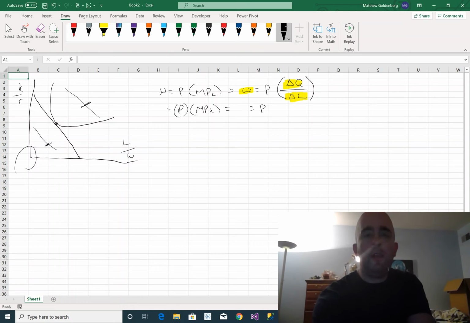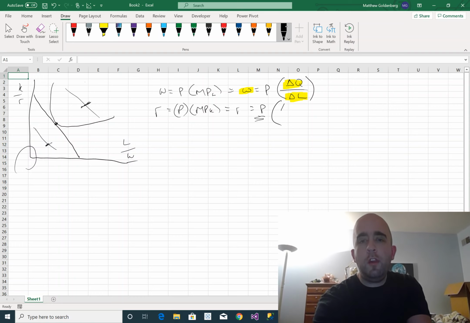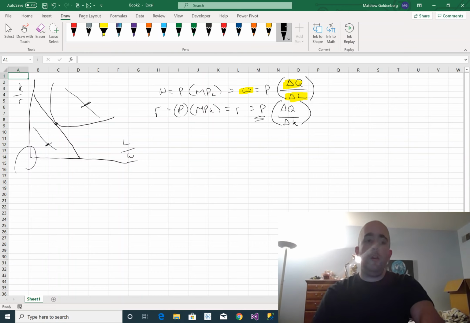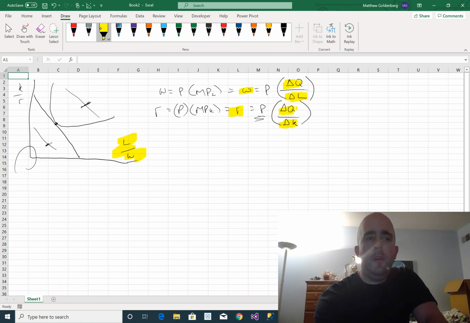Capital is the wrong way to say it. The rate, which is the rental rate of capital, is equal to the price on the open market times the change in quantity over the change in capital. That's a better way to phrase it. And notice we have this represented in this graph as well.